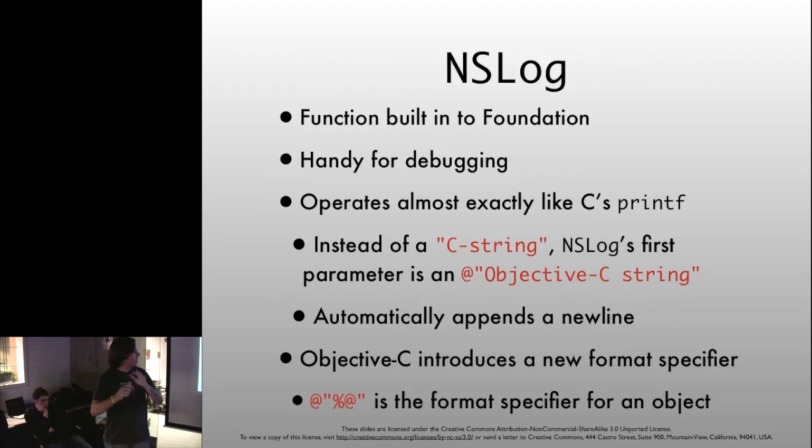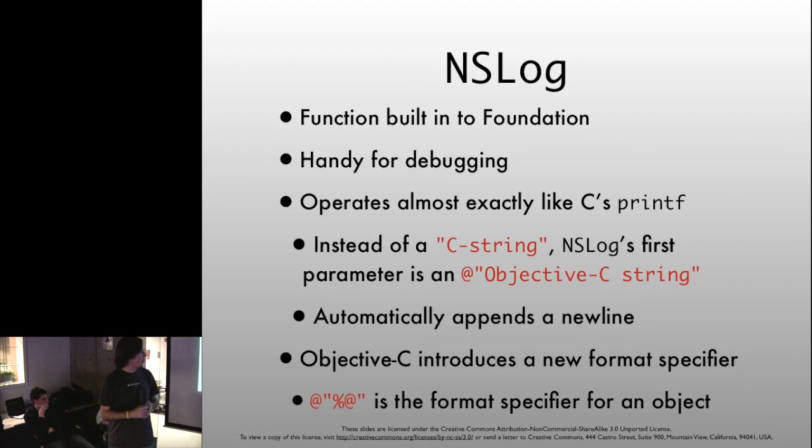Sorry, these are all kind of scattered things I just wanted to cover at the end, basically. So NSLog is a really useful function built into Foundation. It's quite useful for debugging if you're a printf debugger. It is pretty much the exact same as C's printf. The difference is that its first parameter takes an Objective-C string rather than a C string. And also, unlike printf, it automatically appends a newline at the end.